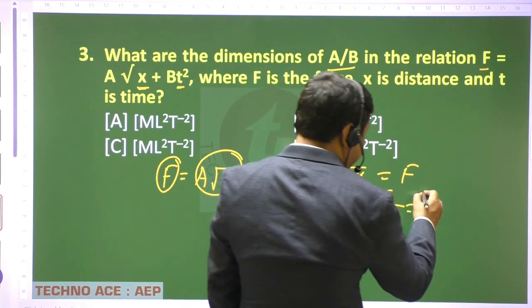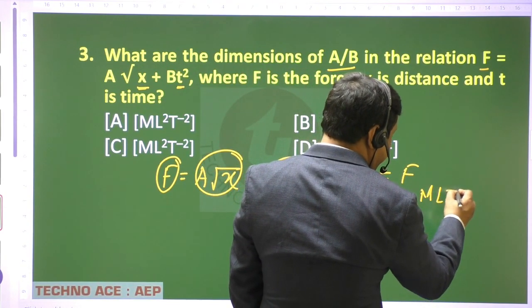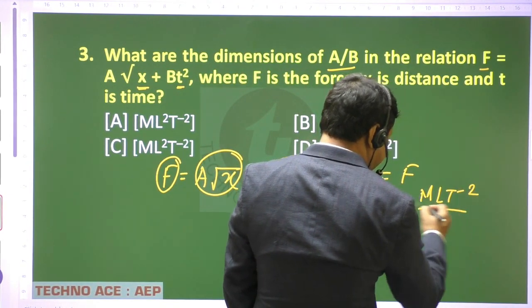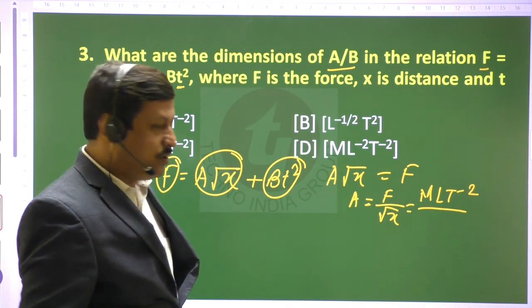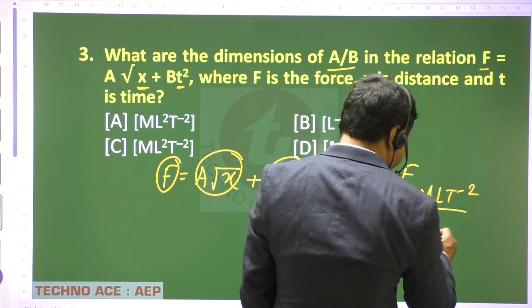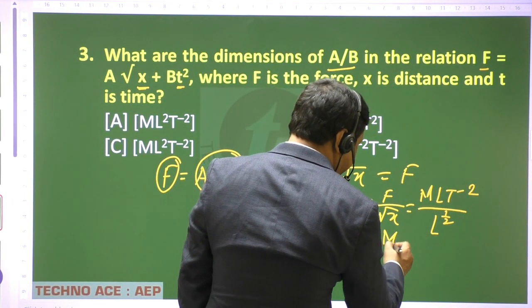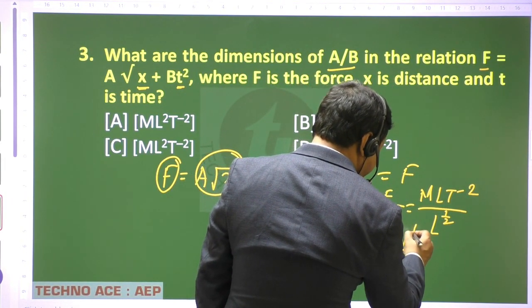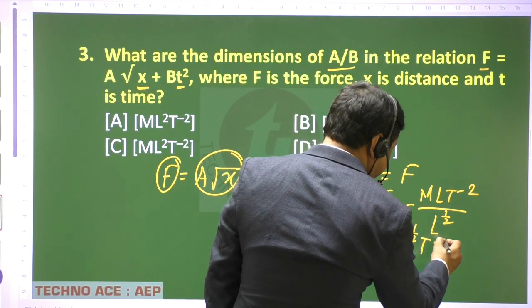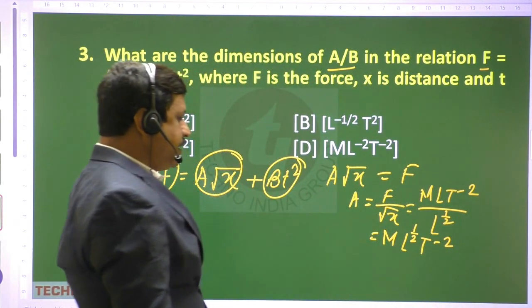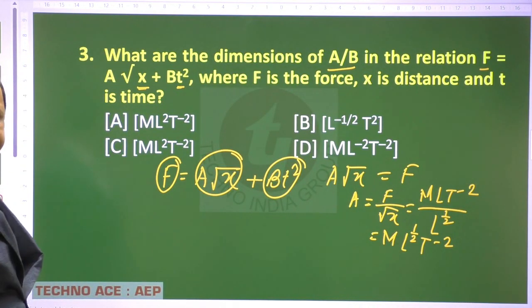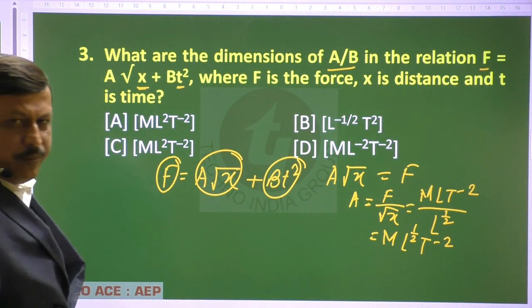F is M L T to the power minus 2, and x is L, distance, so root x is L to the power half. So the dimension of A is M L to the power half T to the power minus 2. And what is the dimension of B?